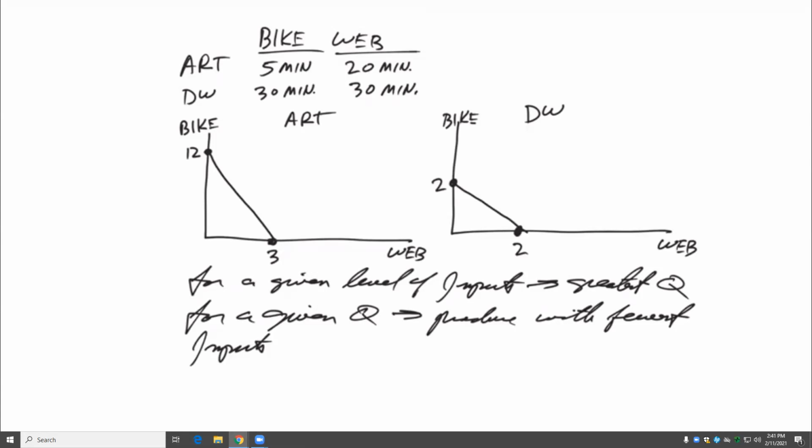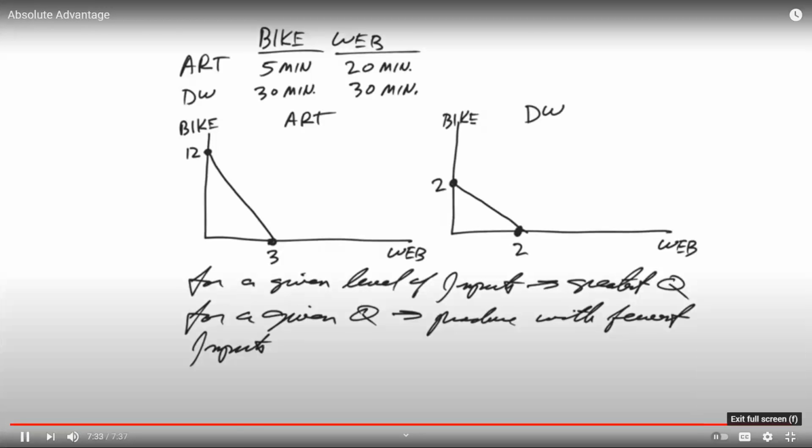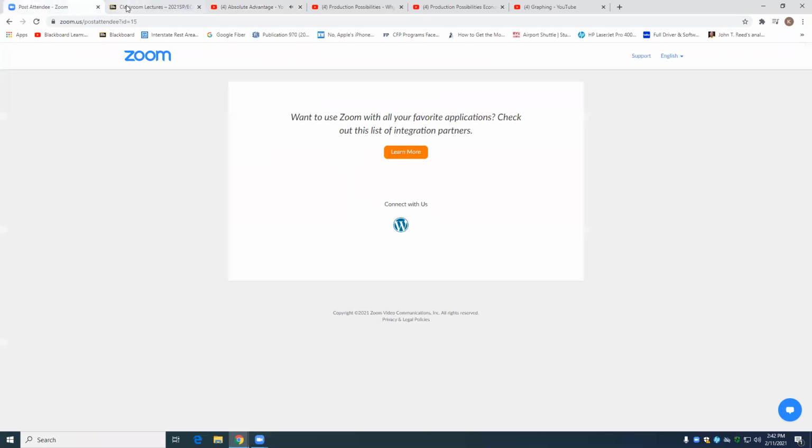I'll give you a preview, and the answer is yes, because trade decisions are not based on absolute advantage. They're based on comparative advantage, the subject of the next segment.